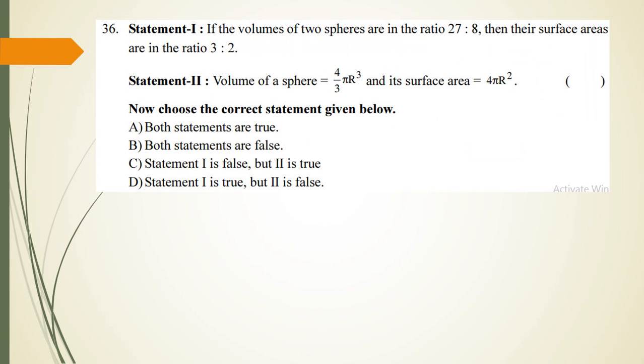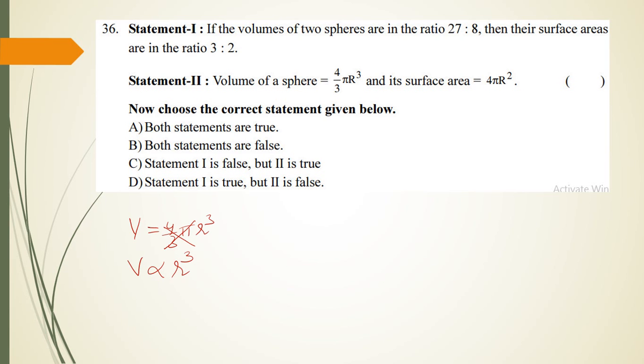Next, moving on to question number 36. If the volume of two spheres are in the ratio 27:8, so already we know volume of sphere is nothing but 4/3 pi r cube. Now when you take the ratio, this 4/3 pi is constant, so directly we can say volume is directly proportional to r cube.